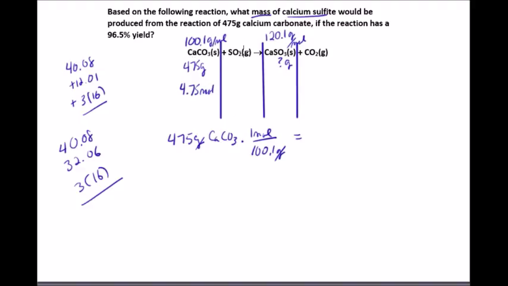We didn't check this to make sure. You always check to make sure your equation is balanced. In this particular case, the equation is balanced. So we have a 1-to-1 stoichiometric ratio, so 4.75 moles of calcium carbonate is also going to give you 4.75 moles of calcium sulfite.